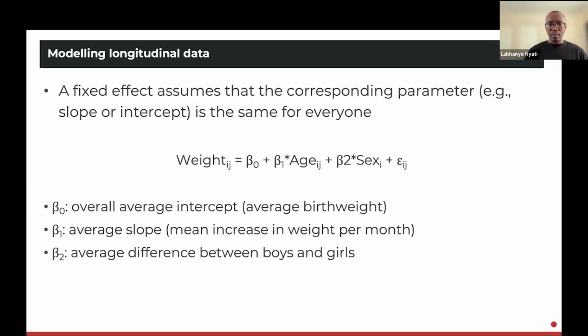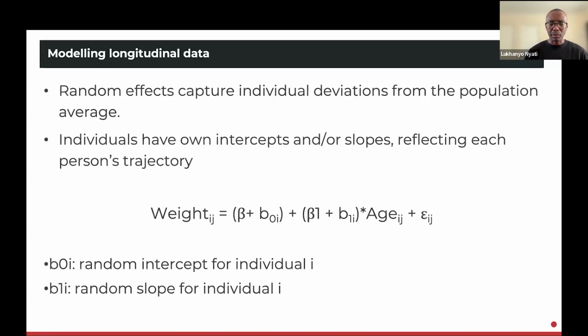Now, an example here is, if you are interested in looking at the weight of a child, and looking at the relationship between weight of a child and also accounting for the biological sex of the child, this is what the model would look like. This is what the fixed model would look like. But you also need to account for the deviation, for example, the individual variation in the intercept as well as the individual variation in the slope.